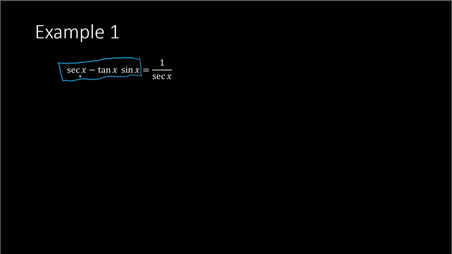So secant, for example, secant of x, would be the same thing as 1 over cosine. That is the inverse of cosine. And then tangent of x, we learned, is equal to sine over cosine. So we have sine of x over cosine of x. All right, and then we have that multiplied by sine of x.